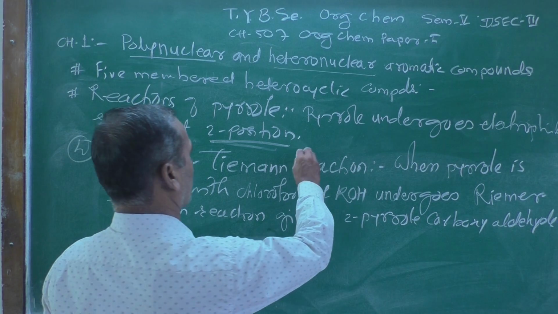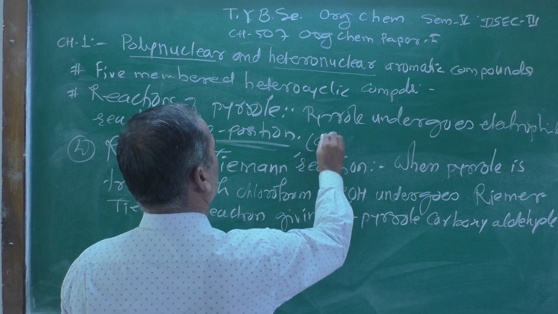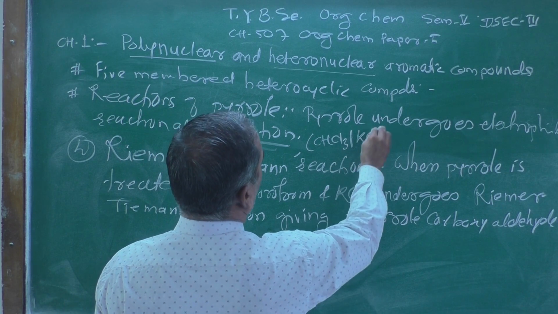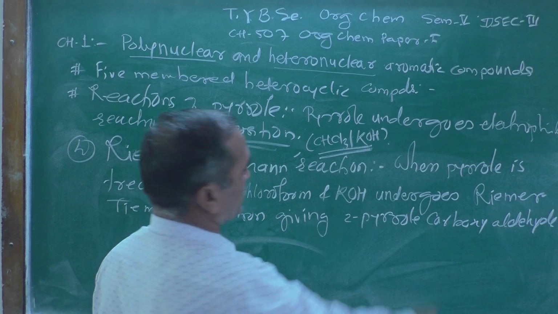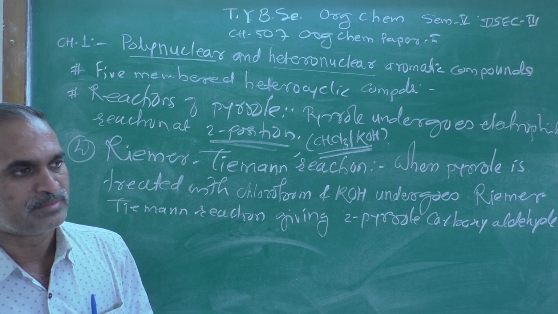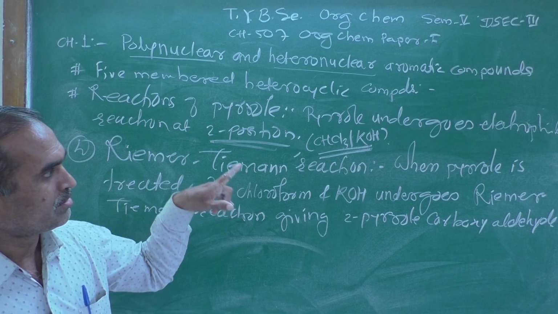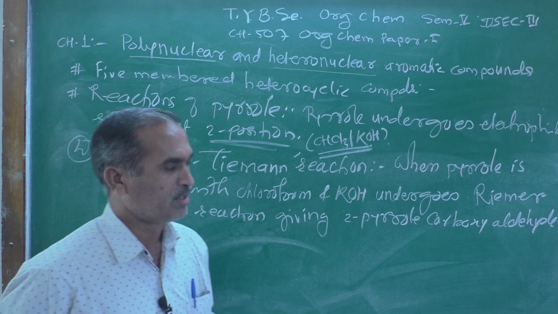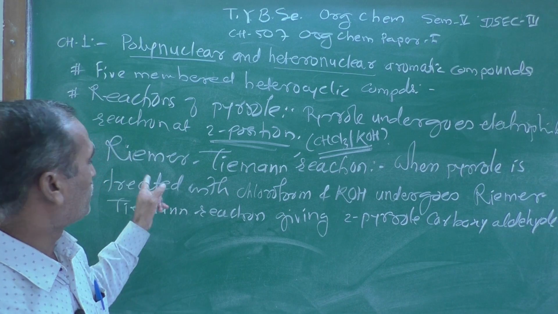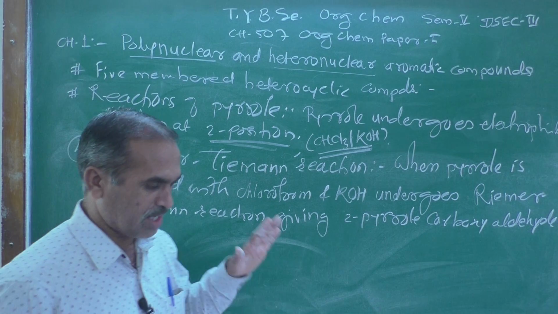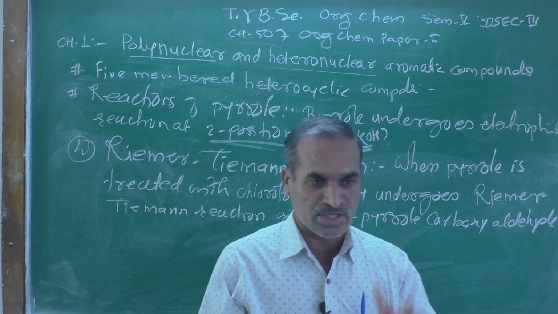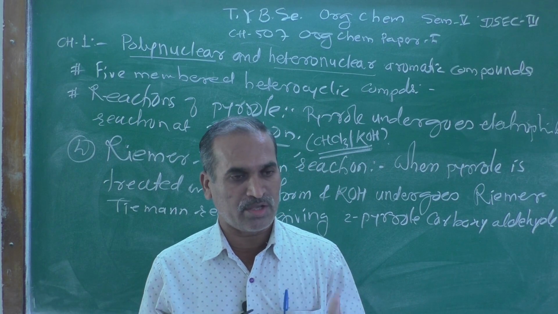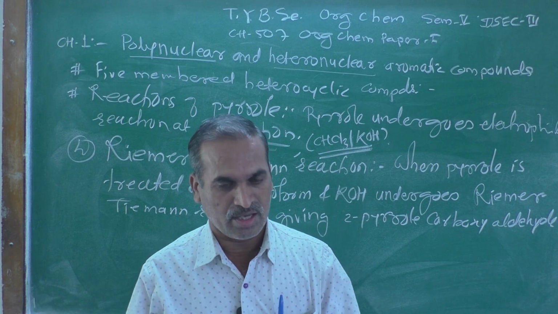In the Reimer-Tiemann reaction, generally remember CHCl3 in presence of KOH. This is the reagent generally employed, and it introduces the formyl group in the aromatic compound. That is the speciality of this reaction. Reimer-Tiemann are scientists' names. They discovered this reaction for the first time, and therefore the name is given to that reaction.